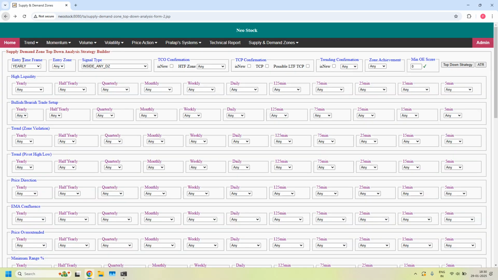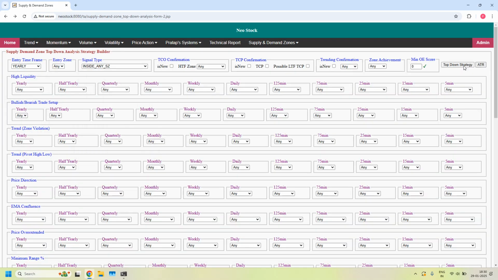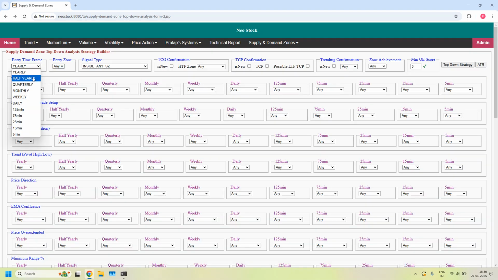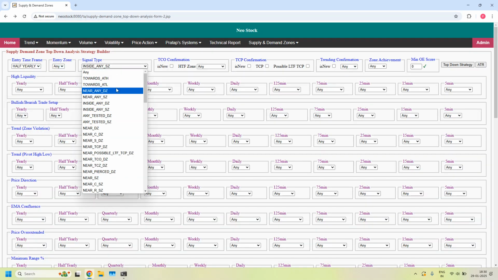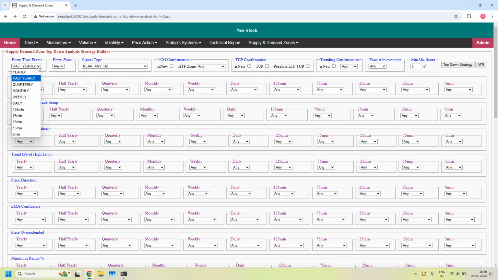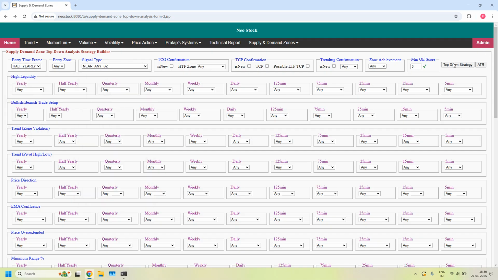Okay, next, yearly time frame, price closed inside the yearly supply zone. No stocks are available. Next time frame is half yearly. Stocks near half yearly demand zone. We got 1 stock. Next, half yearly time frame, stocks near half yearly supply zone.